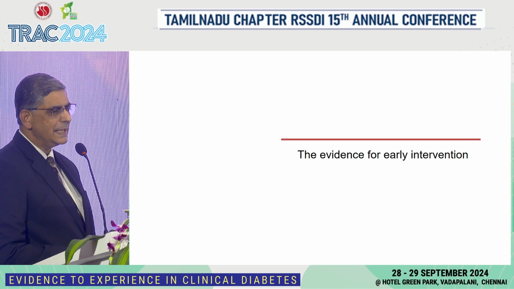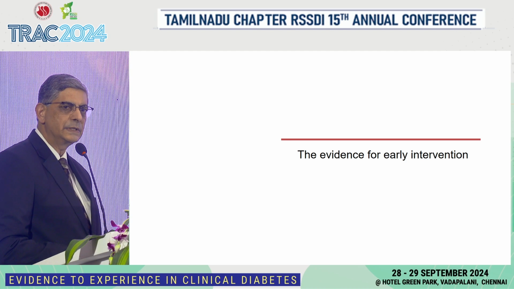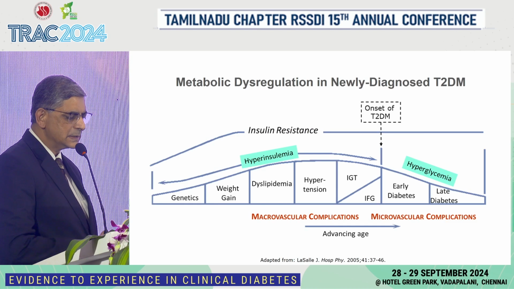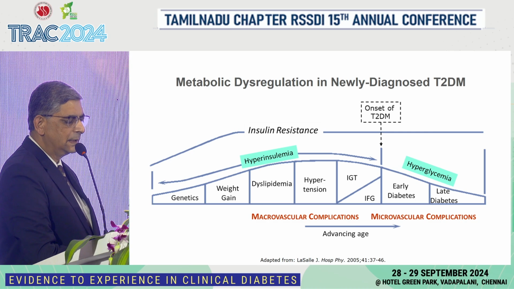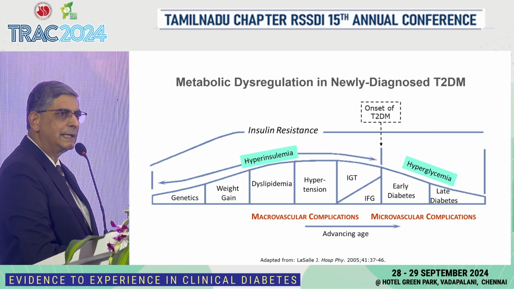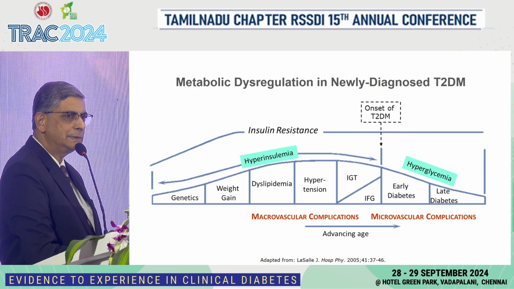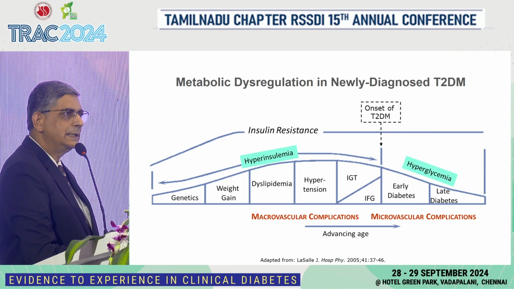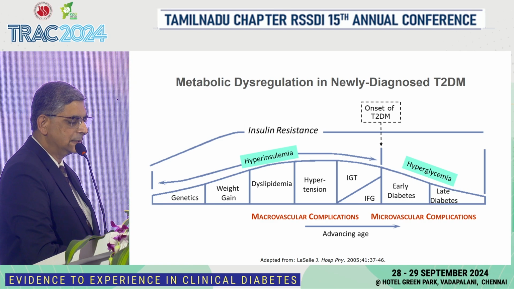So is there evidence that early intervention really helps? Here's an excellent slide. While we always keep stressing the need for tight glycemic control, we ignore the fact that the milieu is not just related to dysglycemia; for cardiovascular disease, there's a host of other risk factors that combine with dysglycemia to cause it.